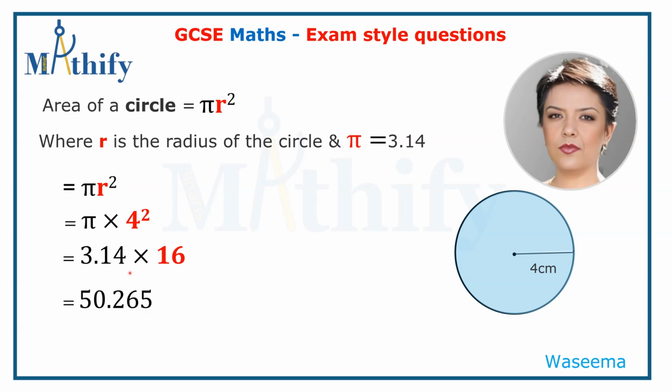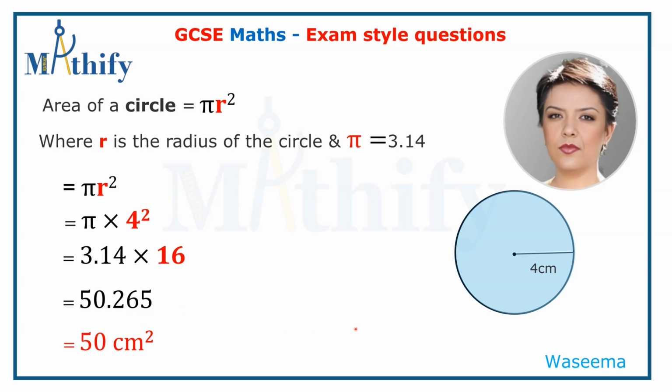That should give us 50.265, or 50 centimeters squared to two significant figures. If this question was a non-calculator, you can leave your answer in the form of pi.